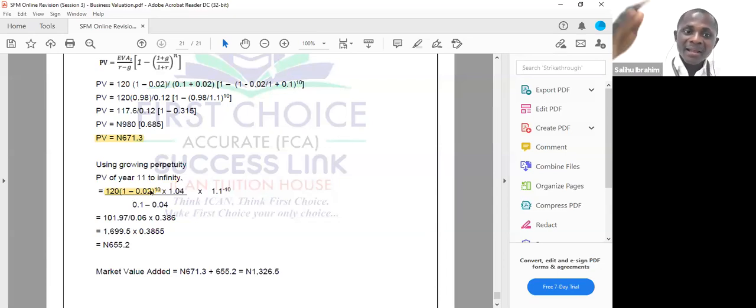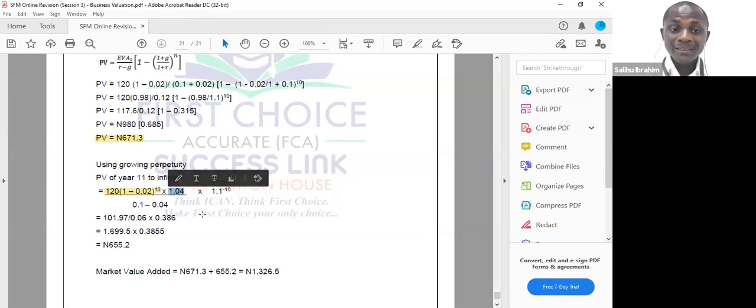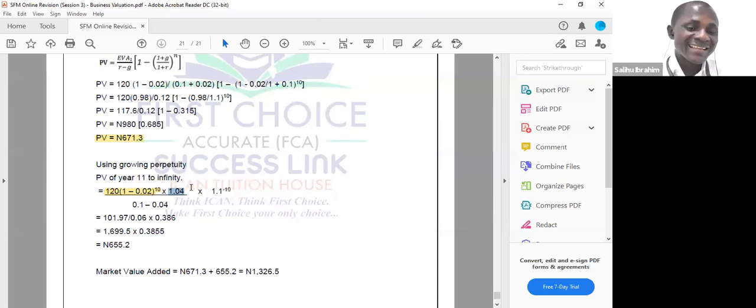That will give me my EVA in 10 years' time. Then I will now grow it by the new growth rate for year 11, that is 1.04. So the whole of the numerator there is the EVA in year 11.